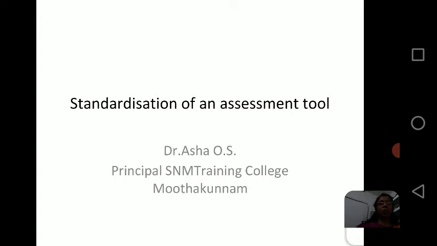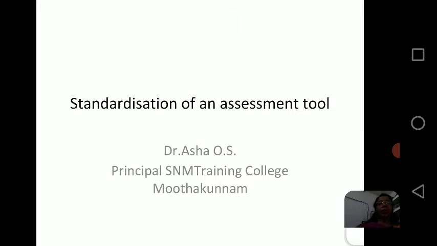Actually, in the first segment we have mentioned that there are two types of achievement test. One is teacher made test and the second is standardized achievement test. And in the second segment I have explained the achievement test construction.